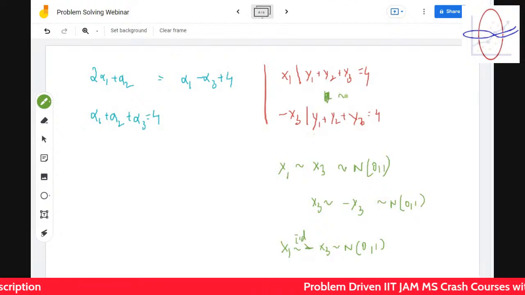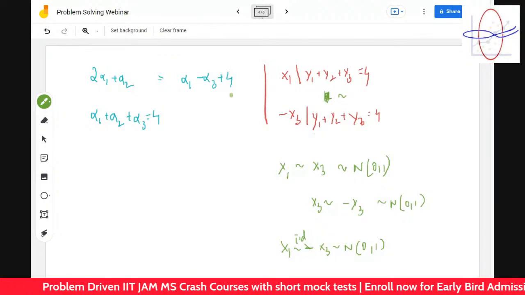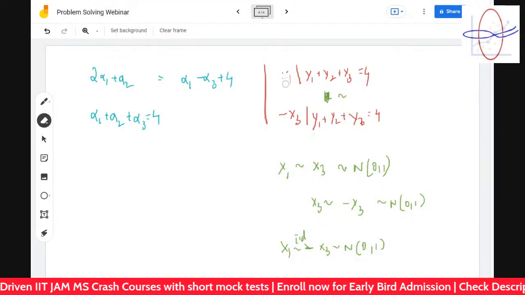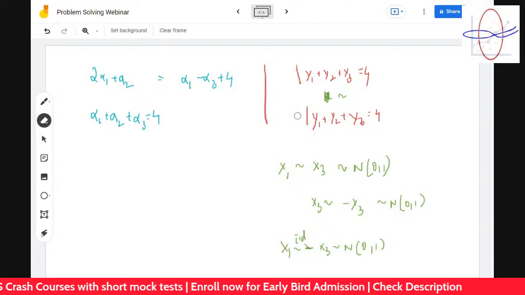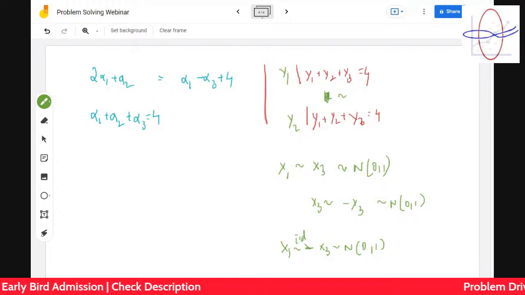x1 given y1 plus y2 plus y3 and minus x3 given y1 plus y2 plus y3. So it's asking this. Since y1 and y2 are similarly distributed, y1 given y1 plus y2 plus y3 and y2 given y1 plus y2 plus y3 are similarly distributed.